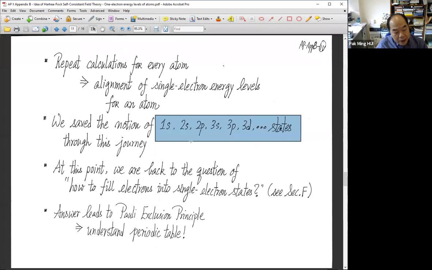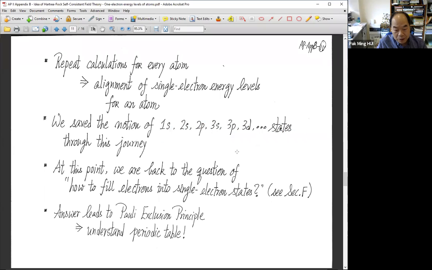But I hope that the next time when you see this, you have more ideas in your mind, because when we use it, actually, we have done some approximations in handling the electron-electron repulsive term in the full Hamiltonian of a multi-electron atom.